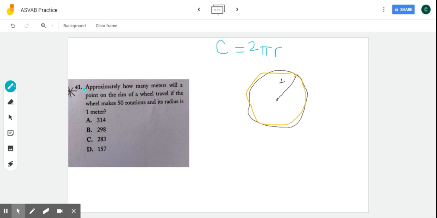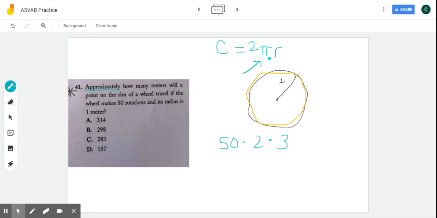The other thing is that most of these problems are all asking approximately. So 50 times 2 times pi. We're approximating, so I'm just going to throw 3 in there for pi and see where that gets us, because pi is 3.14 something something something.